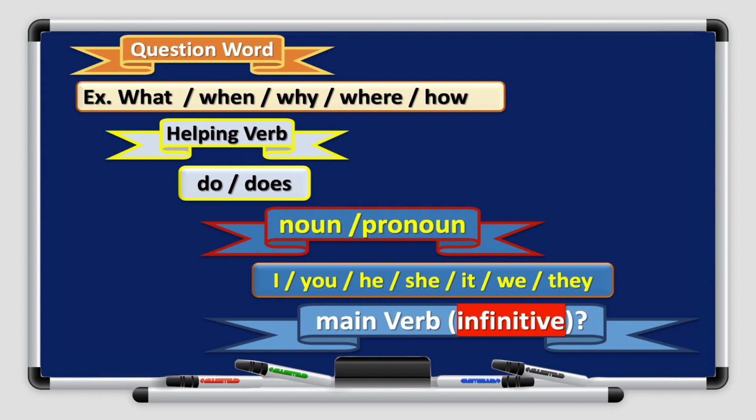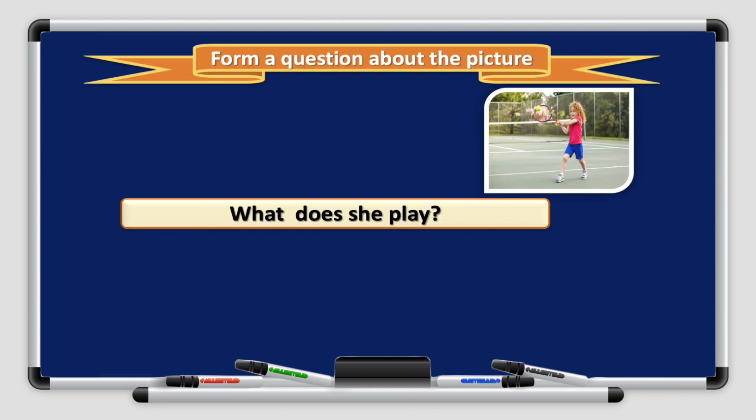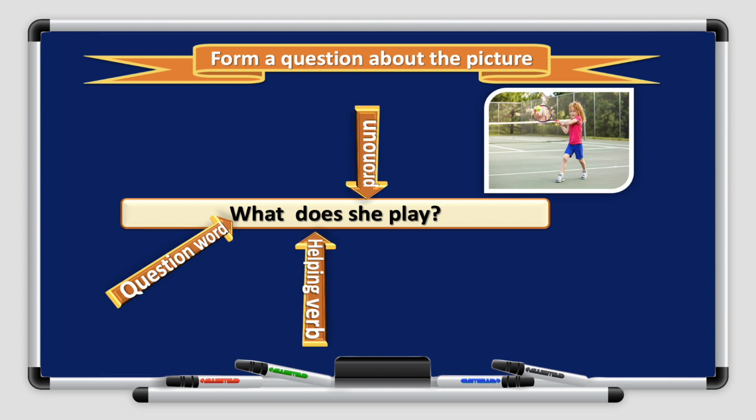And then you have your question here. So let's look at the examples. Let's form a question on this picture. The girl plays tennis. So your question will be, what does she play? We started with the question word, followed by the helping verb, then our pronoun, and then the main verb.